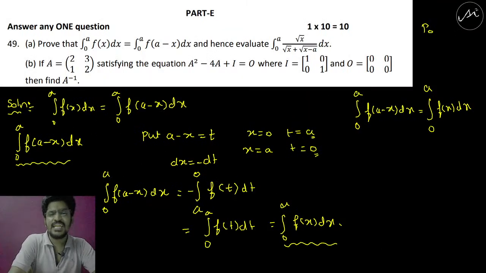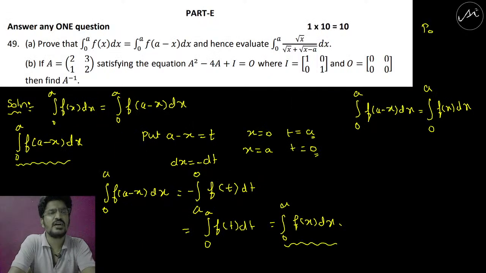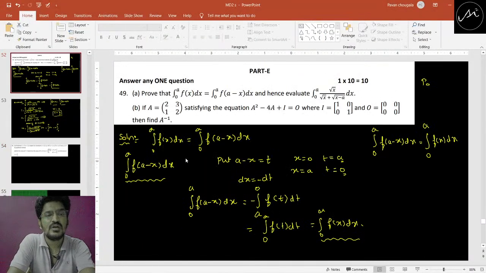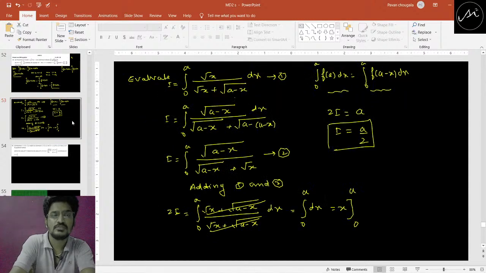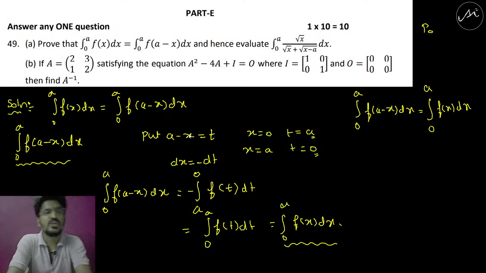Okay, 49b. We have to solve 49b. For that, I will take one more page. And we can simplify. What is 49b?